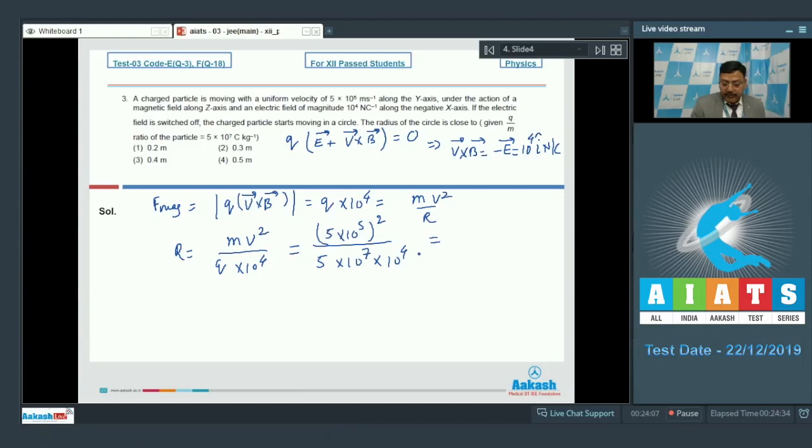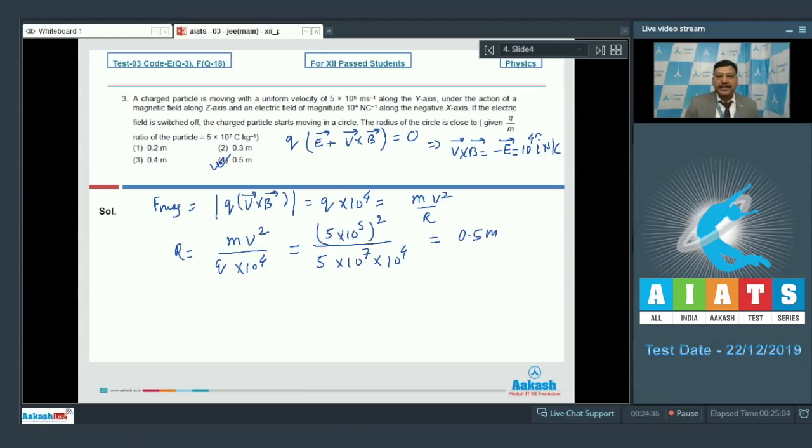So this, if we simplify, we shall get it as 0.5 meter, which matches with option 4. So option 4 is correct for this question.